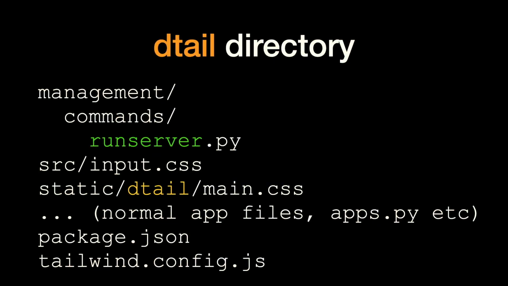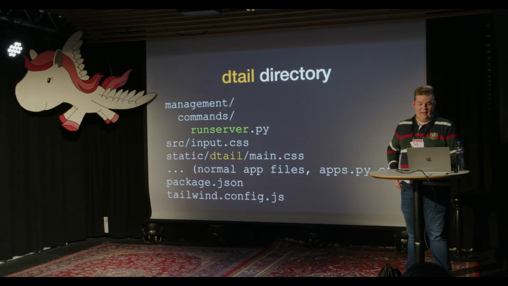Again, we have the directory, we have a management command run server, then we have a source that is our input CSS if we want to add Tailwind related directives. Then we have static detail main CSS. This is our output where we output the Tailwind CSS. Normal files, then of course packaging.